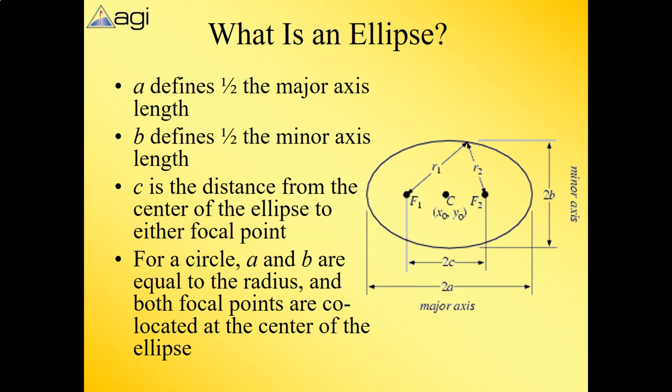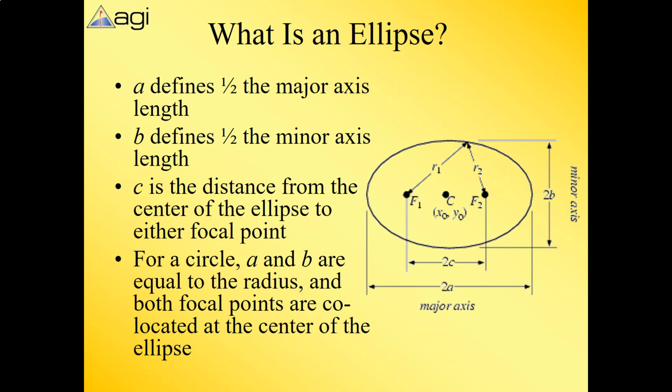It goes from one point on the ellipse through both foci and the center and out to the point opposite of it on the ellipse. It's the biggest axis. It's like the diameter, but it is a special circumstance of it. And perpendicular to it, the shortest points of the ellipse going through the center is the minor axis. A defines half of it, B defines half of the minor.